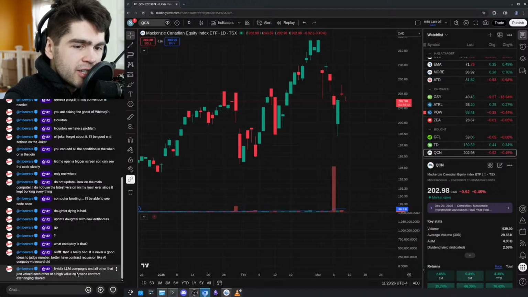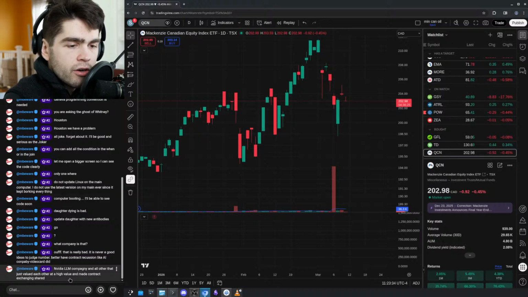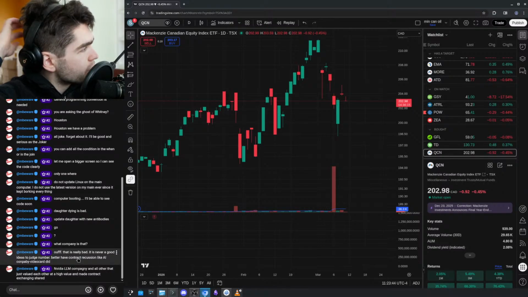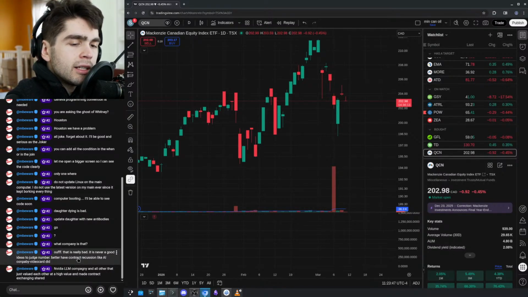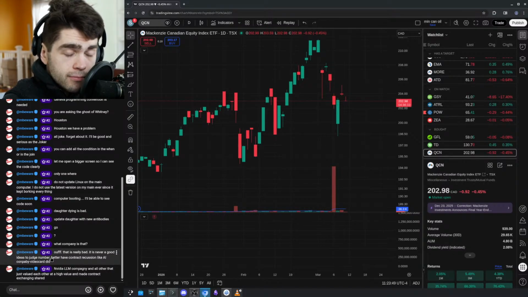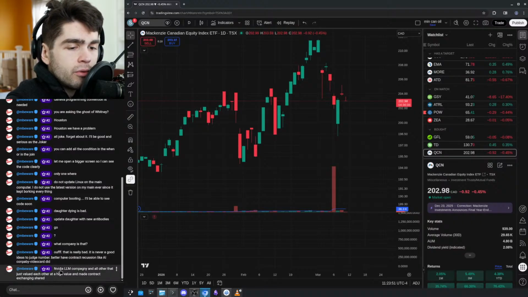Nvidia, LLM companies, and all others that just value each other at a high value and make contracts exchanging shares. Yeah, I don't know how much I care about those. Each time I actually look into it, because a lot of people are panicking about this, right?